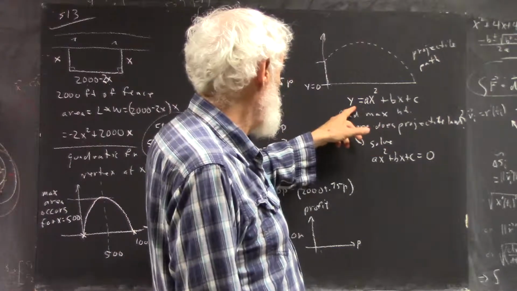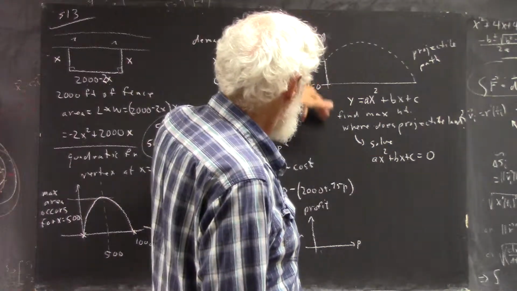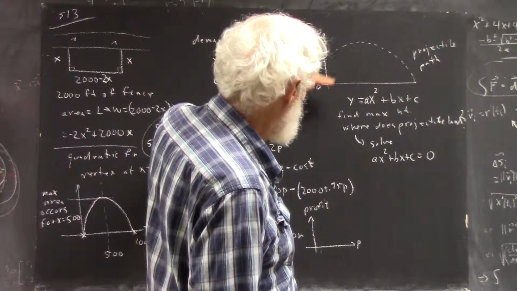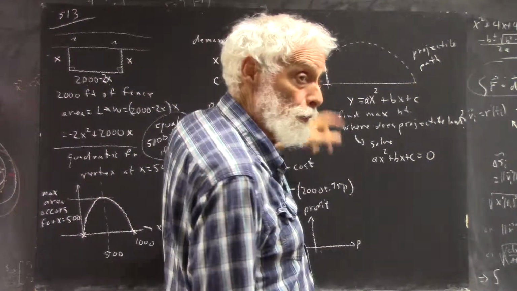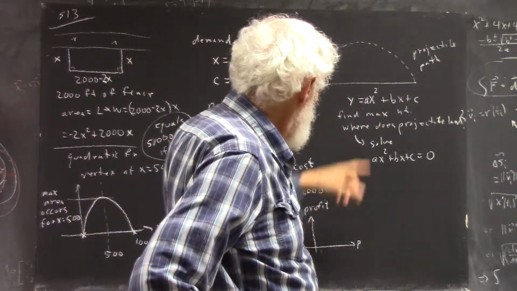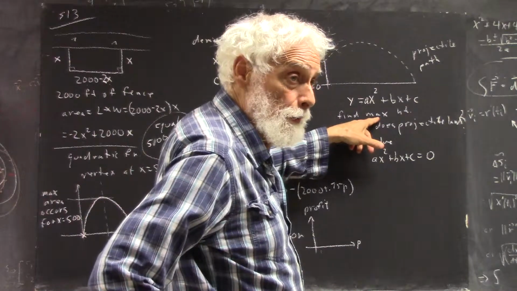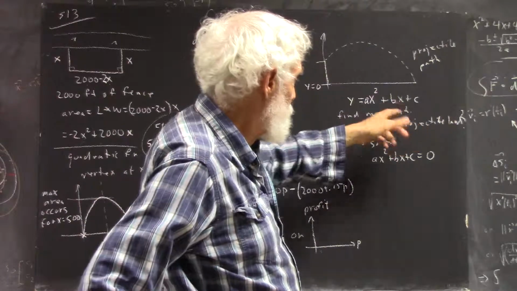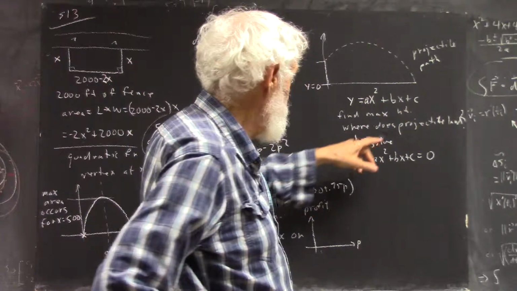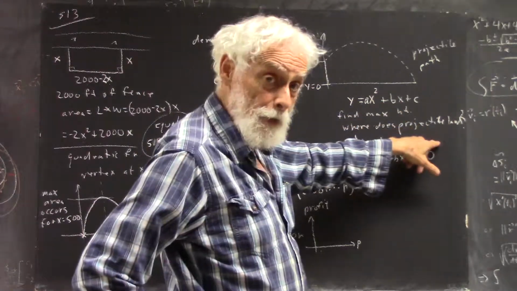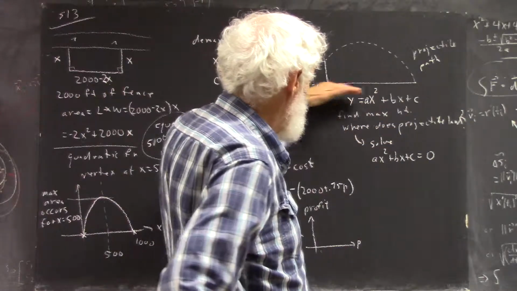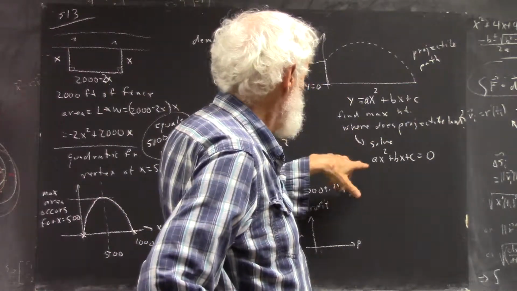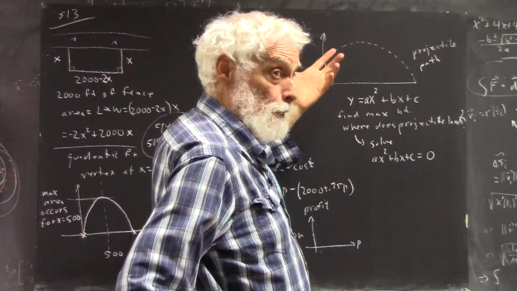Well, let's assume that the y-axis is here and the ground level is at y equals 0. Finding the maximum height is going to be easy whatever the ground level is. So we just maximize the function using the same techniques we always use. Where does it land? Well, if the ground is at y equals 0, it's going to land when y is 0.